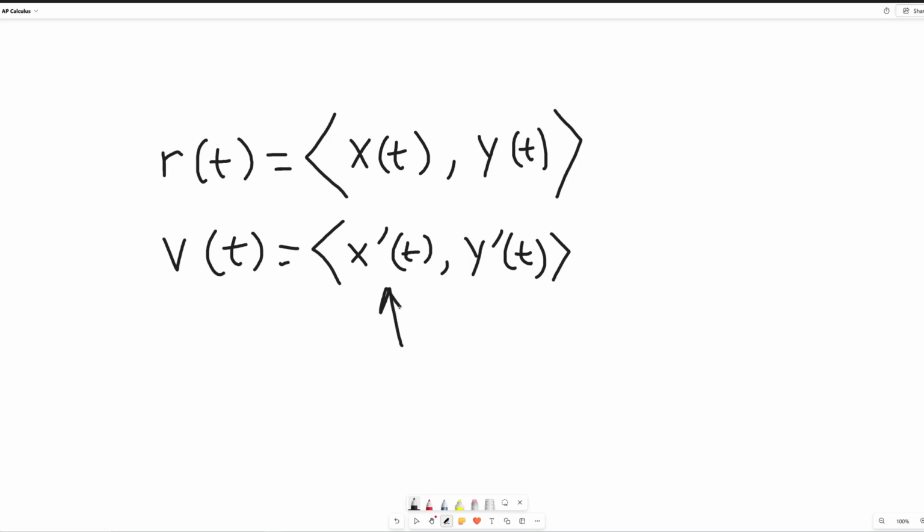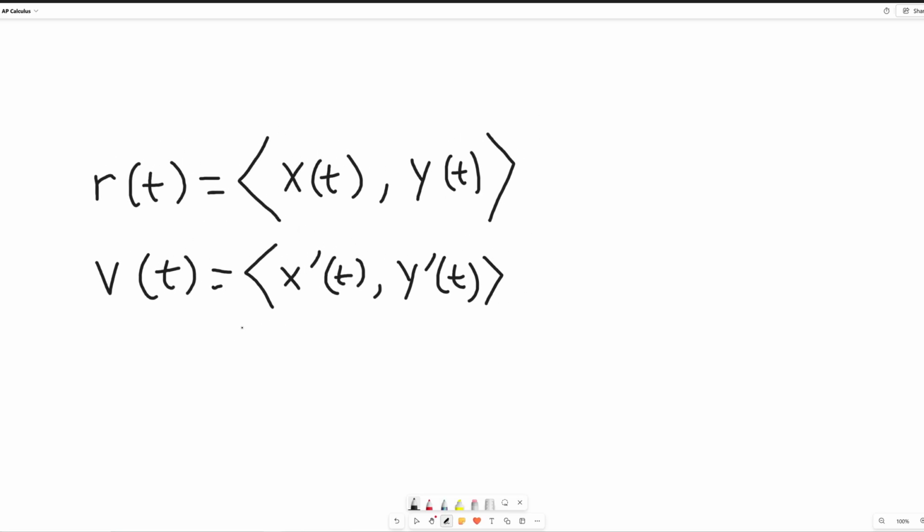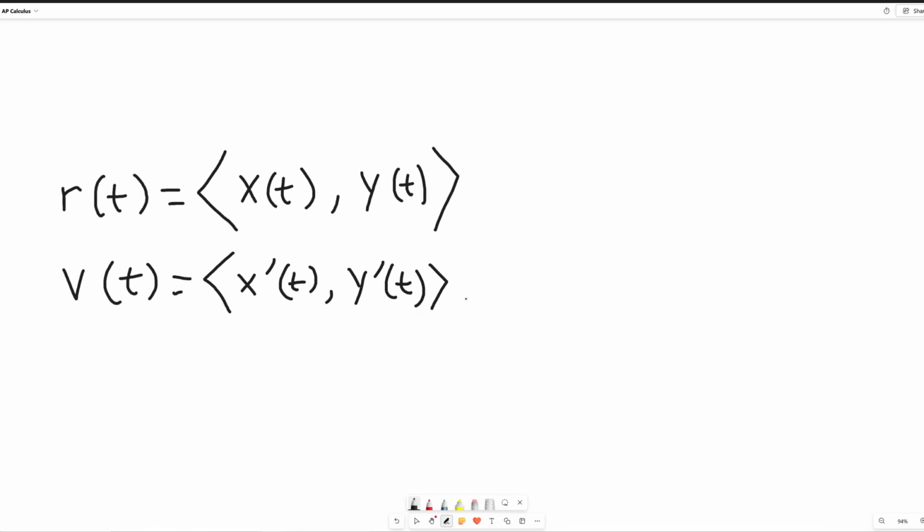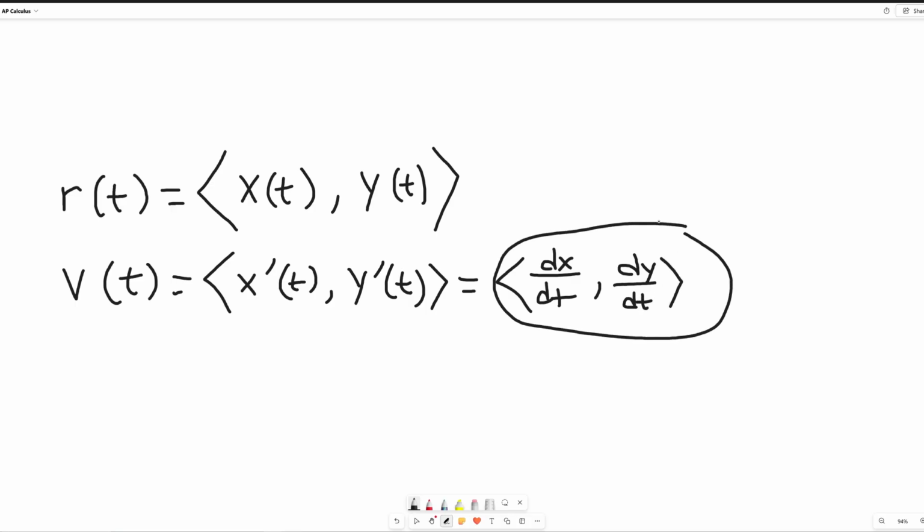So derivative of x position, derivative of y position, this makes up our velocity vector function. Another way that this velocity function can be written is dx over dt, dy over dt, which is more often how you'll see it written.